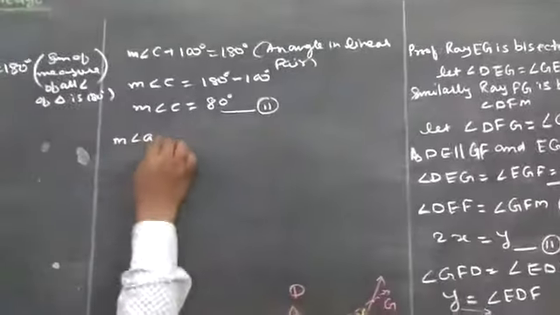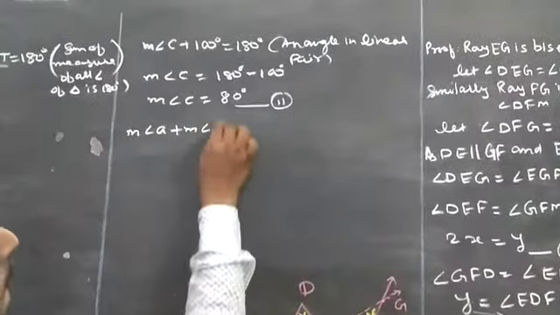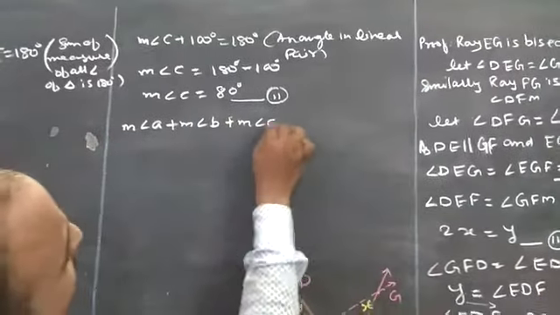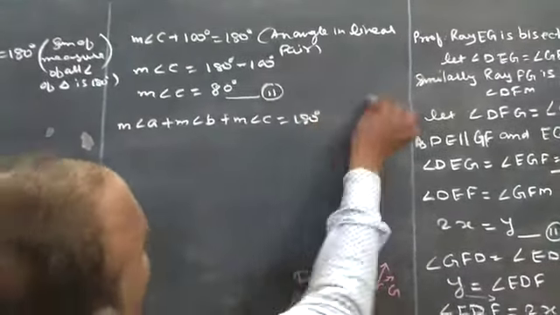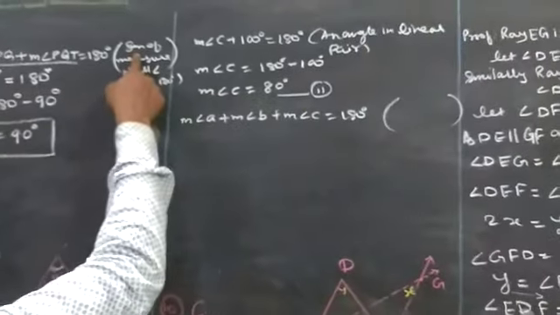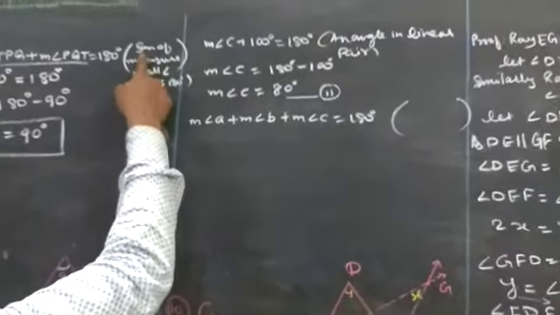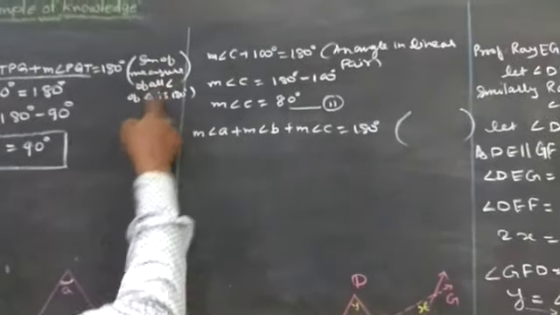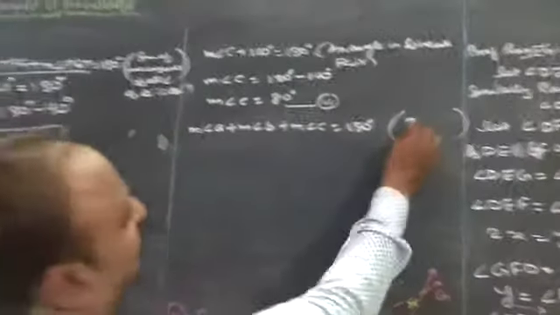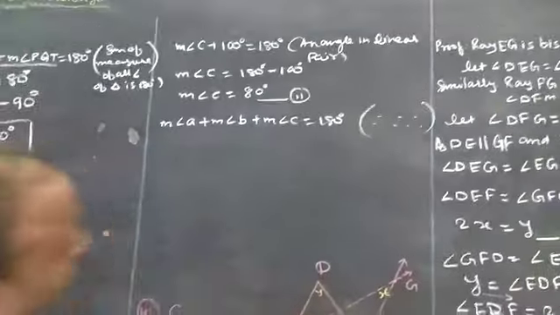So write down measure angle A plus measure angle B plus measure angle C is 180, and write the same reason as we wrote in question number 8: sum of measures of all angles of a triangle is 180.